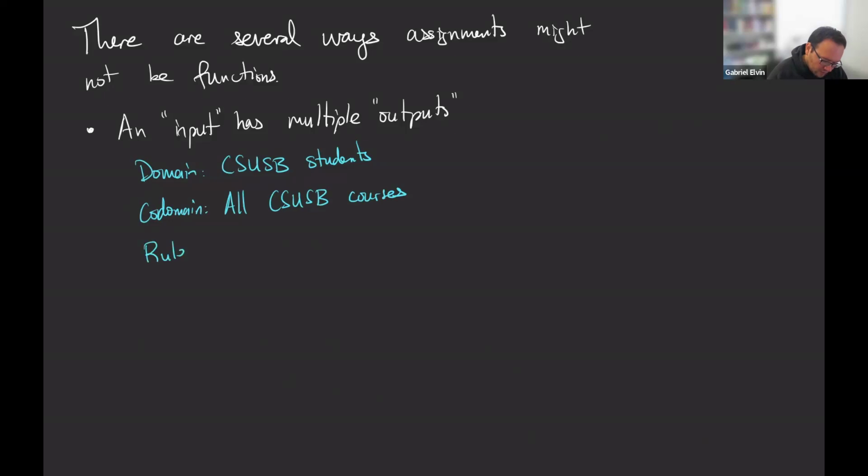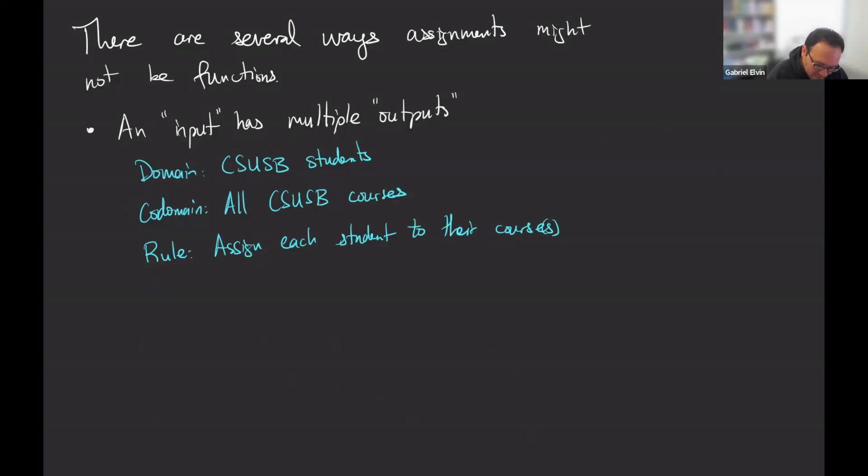And the rule would be to assign each student to their courses. So in a very limited small scope, this might be a function if every student was only taking one class, but that's not usually the case.